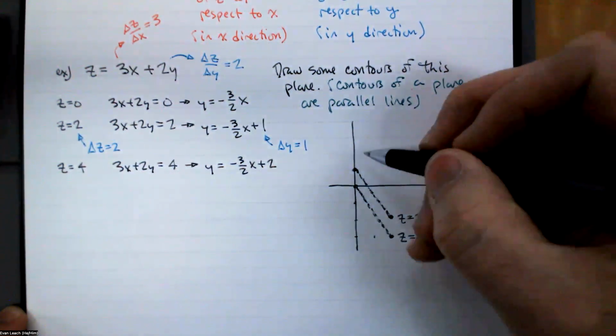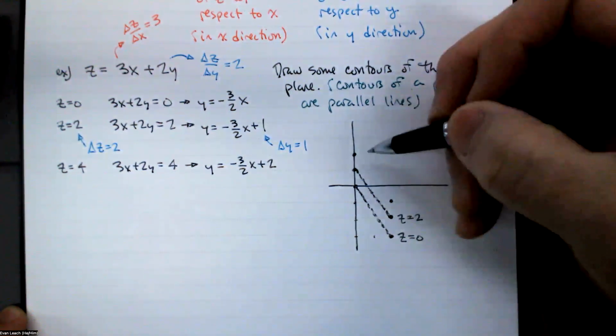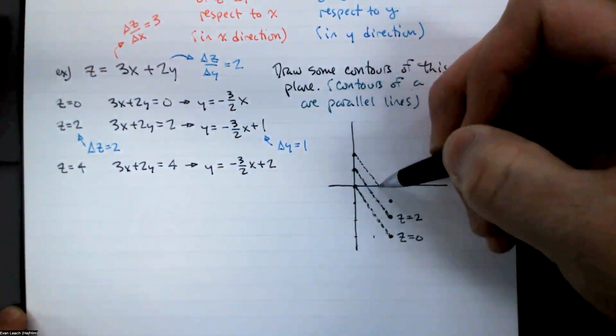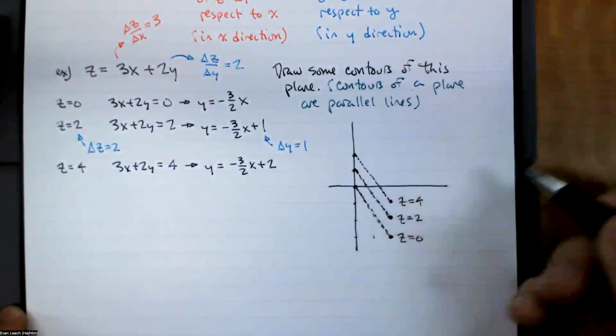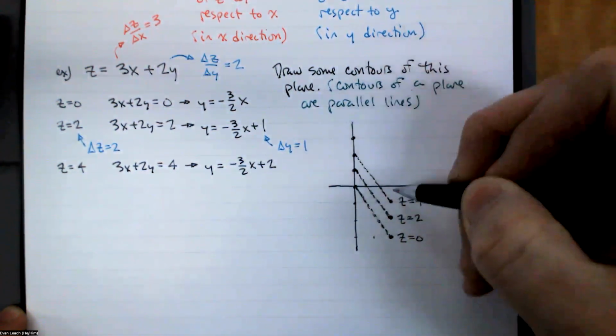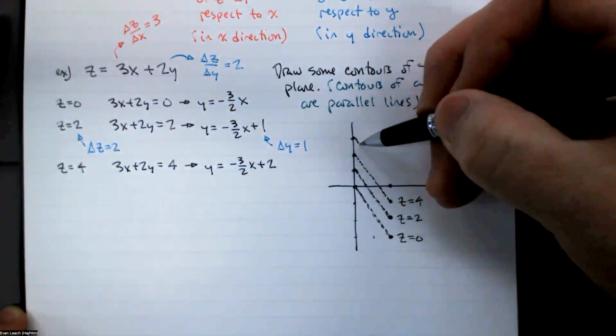And when z is equal to 4, no surprises here. When z is equal to 6, the whole line just goes up one more.